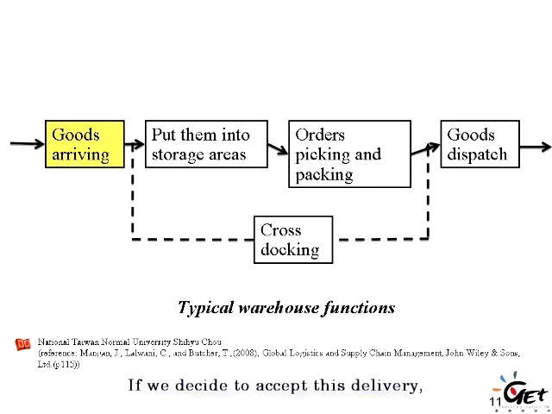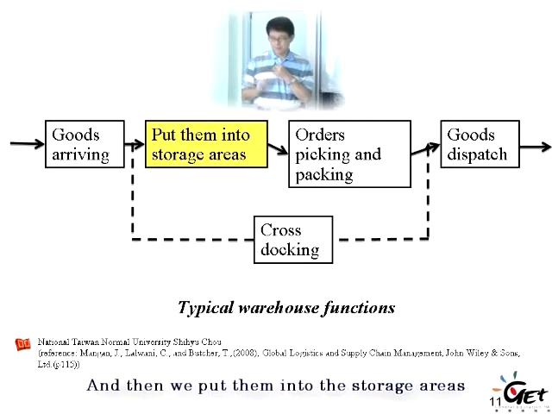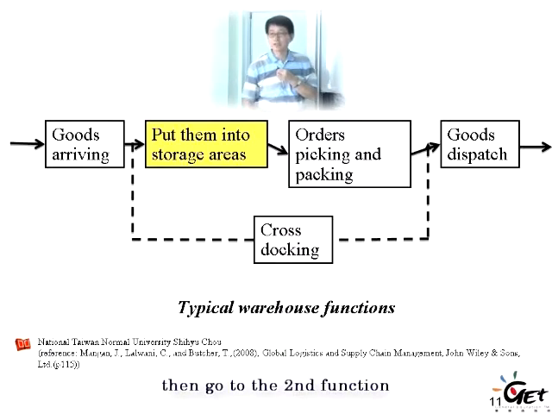If we decide to accept this delivery, then we need to record the date, okay, the amount, the quantity and the items that we receive from which suppliers. We need to do this kind of recording, right? And then we put them into the storage areas, then go to the second function, right?